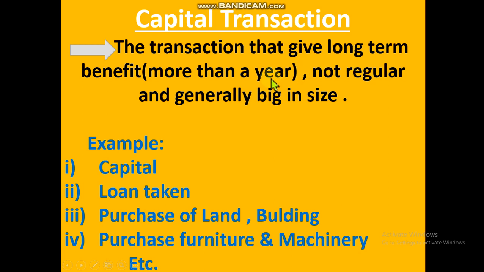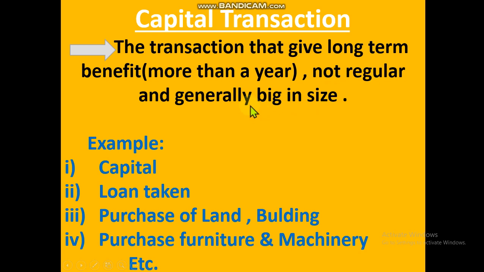That means, dear student, we can give an example. If we purchase a pen, it will give service for maybe 3 days, 5 days, 10 days, 1 month. But if you purchase a calculator, that may give service for more than a year, then it is a capital transaction. Dear student, this type of transaction does not regularly occur in the business.